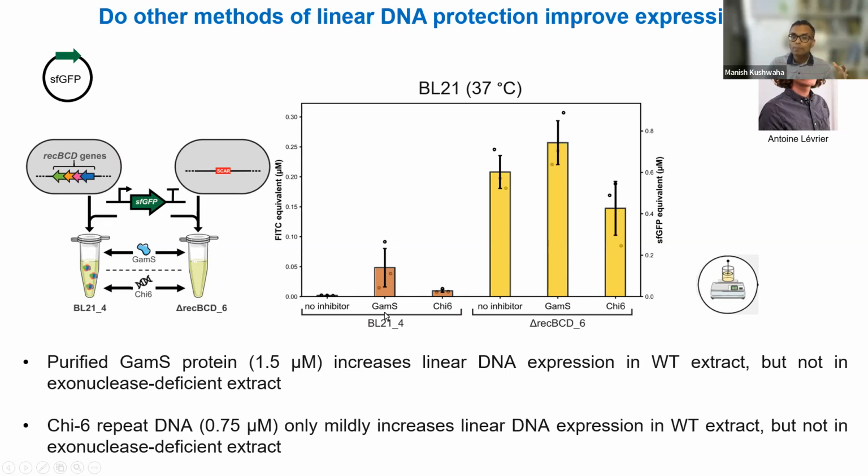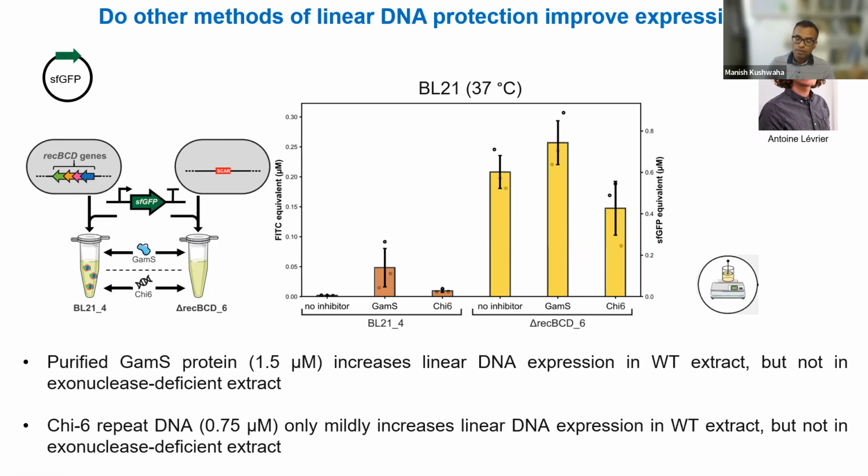And when we compared that in BL21 wild type and the delta REC-BCD, we in fact found that there is some amount of protection that GamS and Chi provide to linear DNA in the wild type extract. But in the exonuclease-deficient extract, there is no additional protection that's available. Already, the delta REC-BCD extract is quite good at protecting linear DNA, and you get high expression from it.